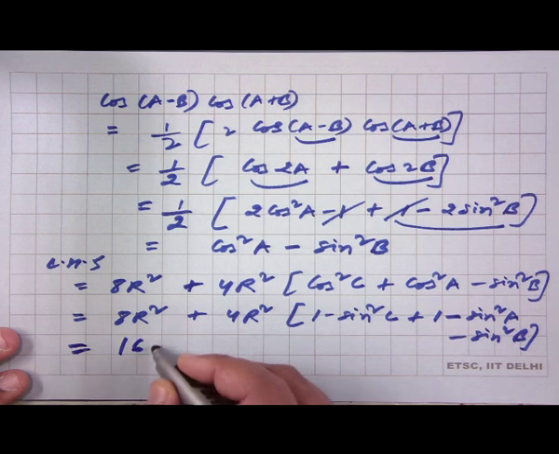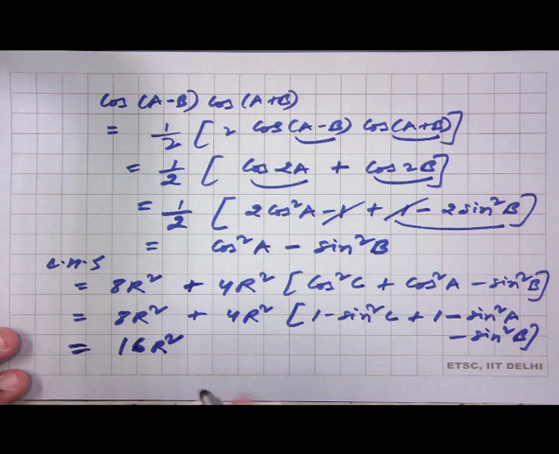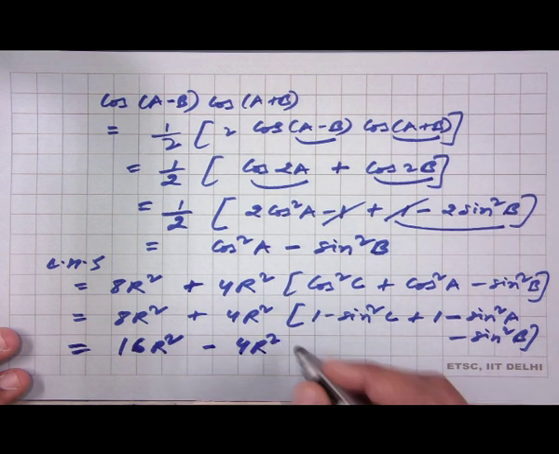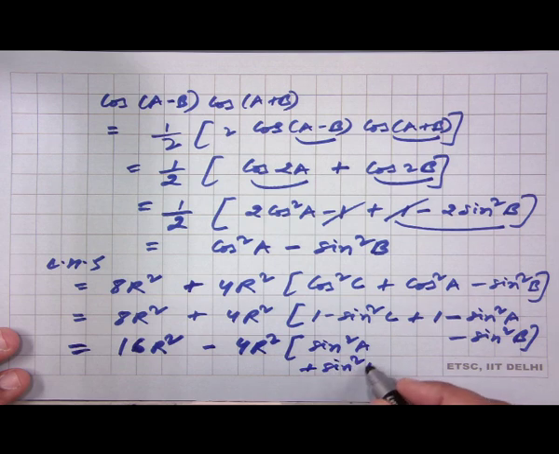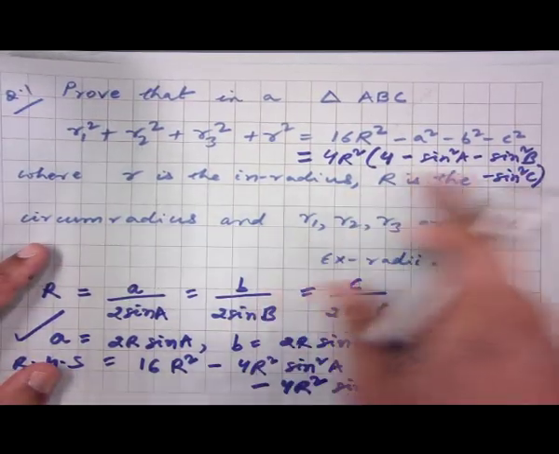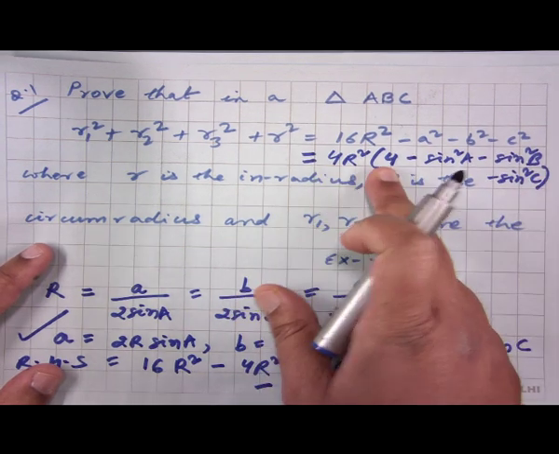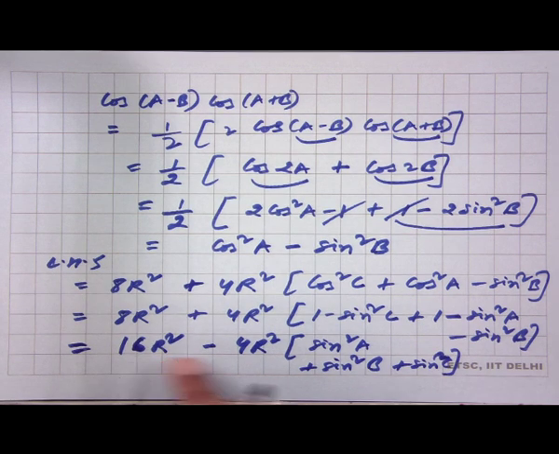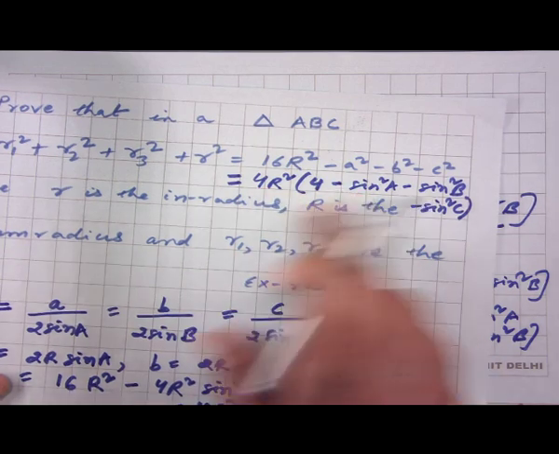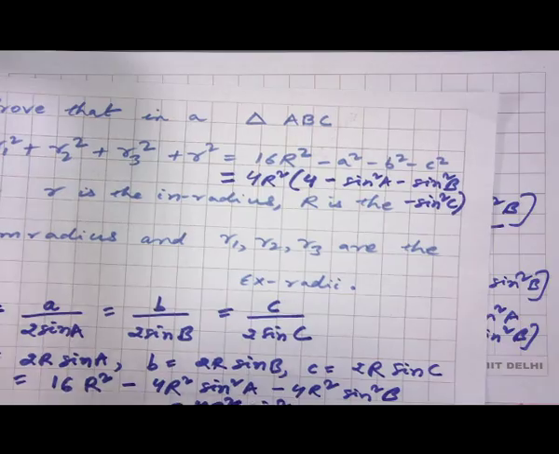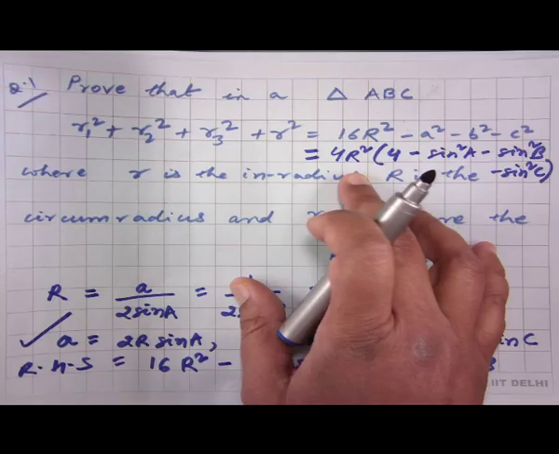So we get 16r square here minus 4r square into, and this is exactly the right hand side that we wanted to show: 16r square minus 4r square into the sum of the squares of the sines. So that finishes the solution to the first problem.